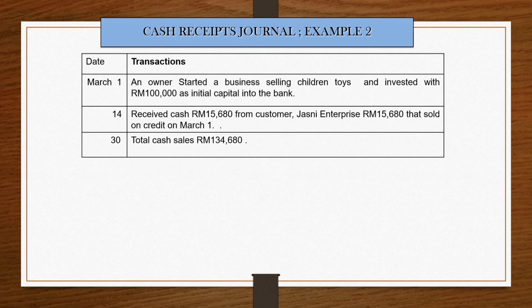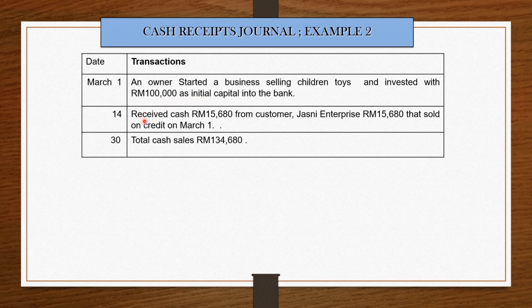And we look at the second example for cash receipt journal. There are a few transactions. So we look at the first one. The date 1st of March, an owner started a business selling children's toys and invested Rm 100,000 as initial capital into the bank.